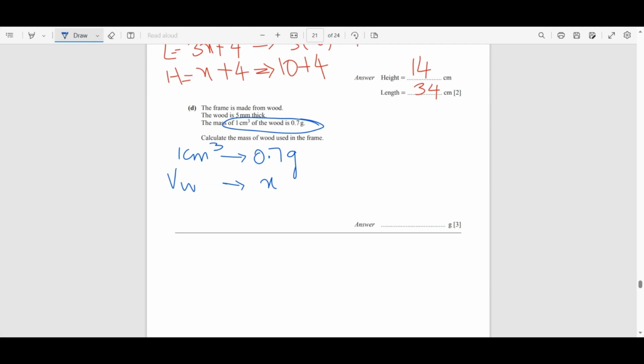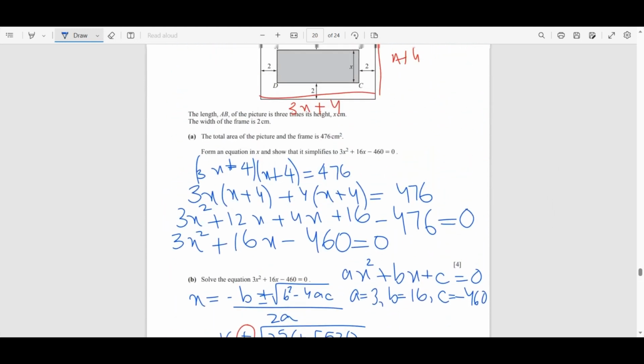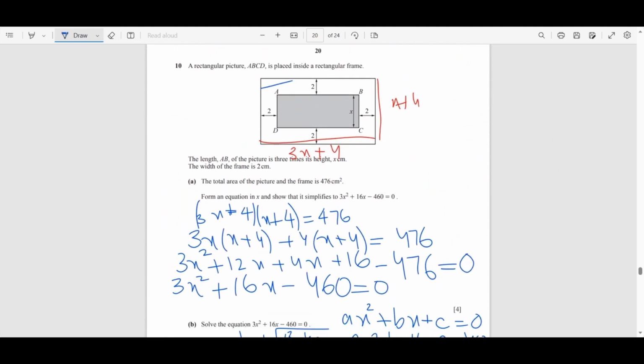So first we need to find the base area of the wood. Let me go back. Okay, so this is where the frame is. Okay, so this is only where the wood is, right? So if you want to calculate the area of this, it is the area of the total thing, 476, minus the area of the frame, because we are not interested in the volume of the whole thing.